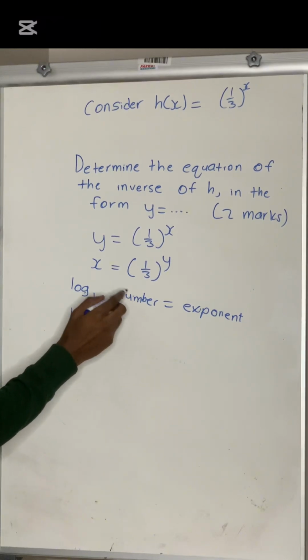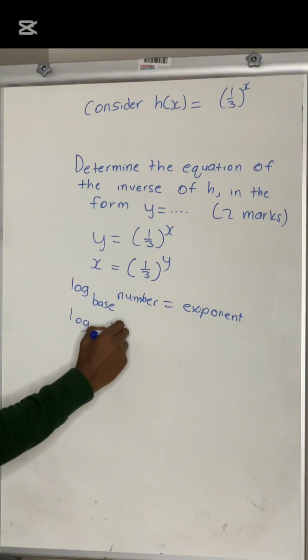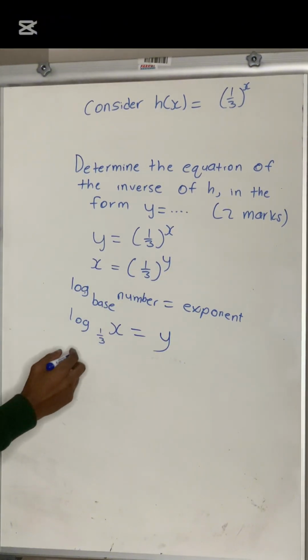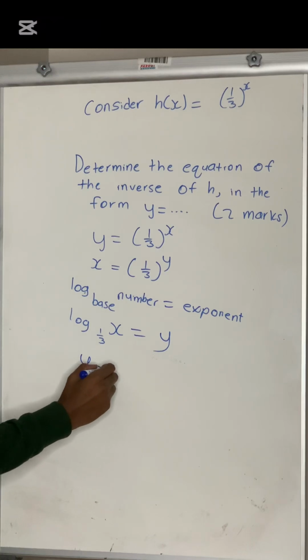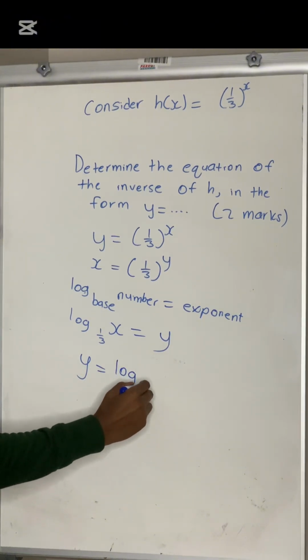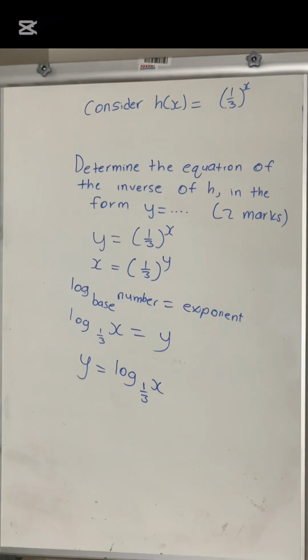And the number is this number on the left hand side, so x, and then the exponent is y. So we have solved for the inverse of h in the form y is equal to log base 1/3 of x. Then you're done.